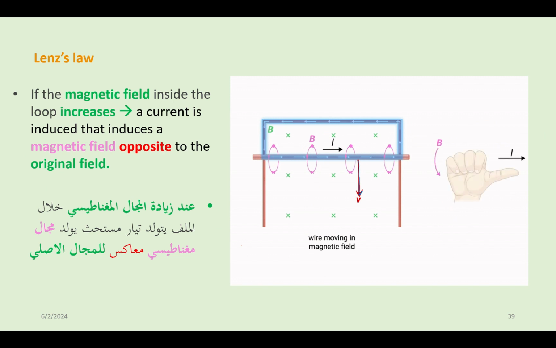Now, if the magnetic field inside the loop increases when we drag this segment of the wire down, the number of magnetic field lines inside the loop will increase.